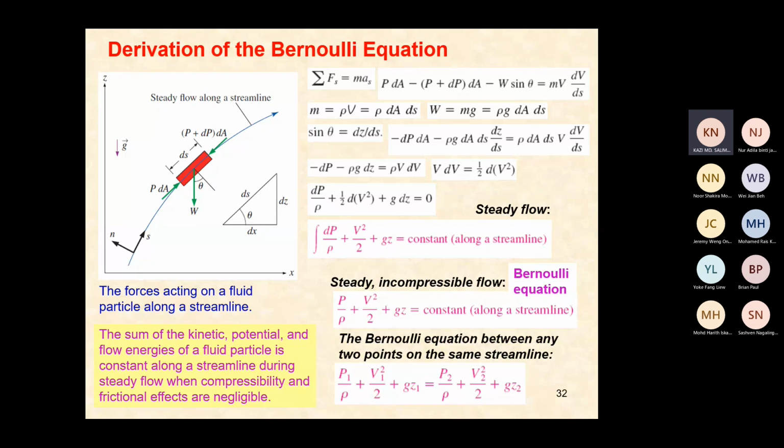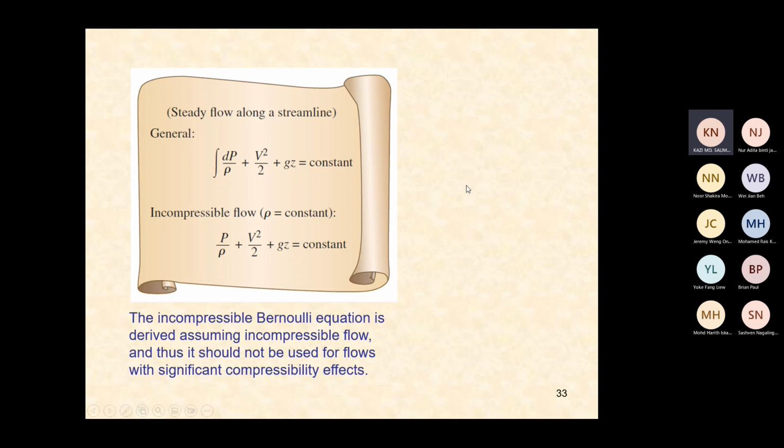If there are two points on the streamline, 1 and 2, then we can write P1 by rho plus V1 squared by 2 plus gz1 is equal to P2 by rho plus V2 squared by 2 plus gz2. With this understanding, for steady flow along a streamline, the general Bernoulli equation is the integration of dp by rho plus v squared by 2 plus gz is equal to constant.